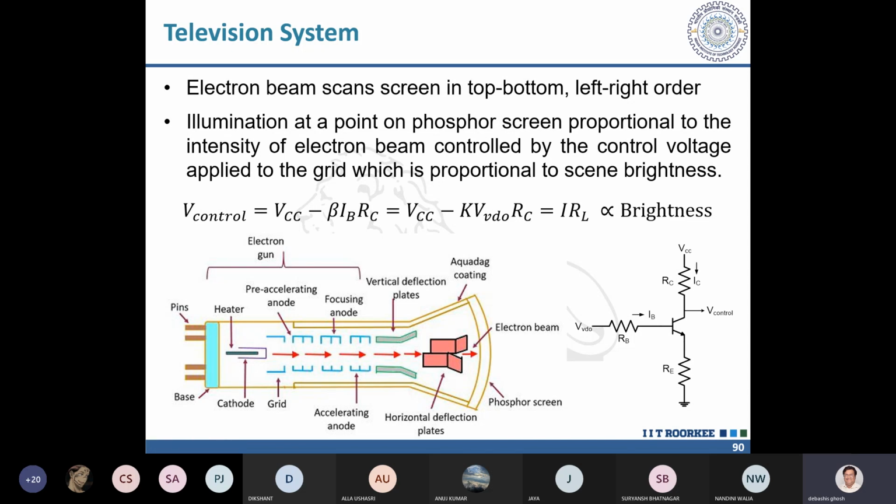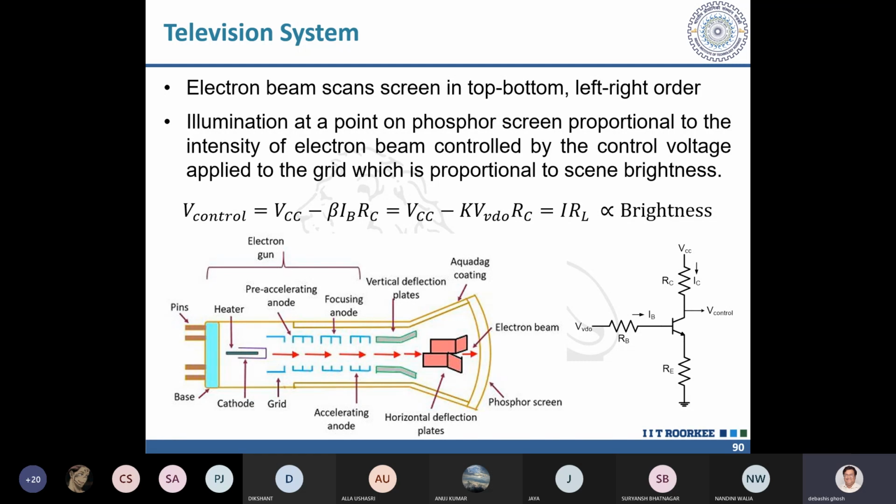It's like this. Okay. Again, here we have the vertical deflection plates and the horizontal deflection plates, which will be regulating the movement of the electron beam.